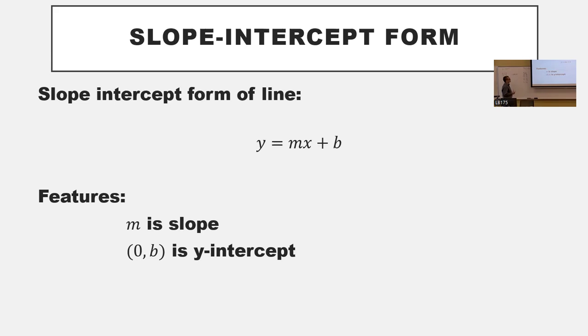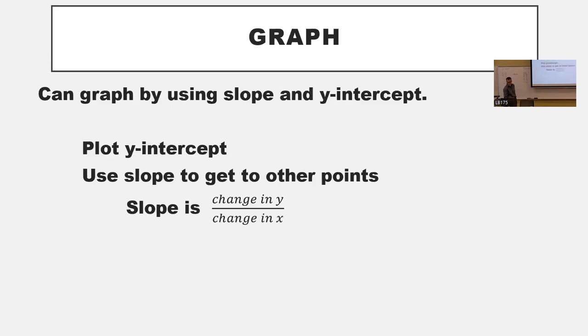So we have the slope-intercept form of the line. In both of my previous equations, I was given the slope-intercept form of the line. y equals negative 2x plus 5, and f of x equals 1/3 x minus 4.